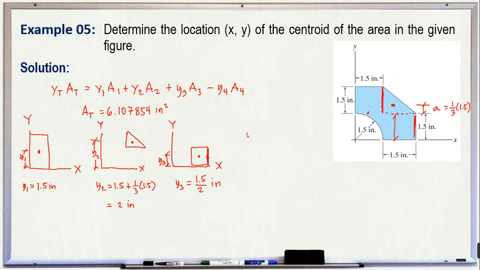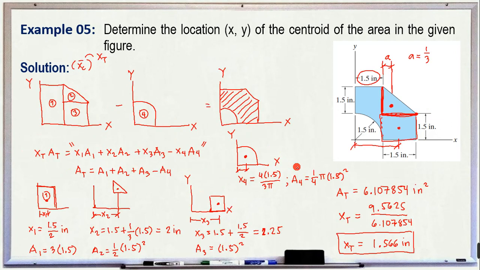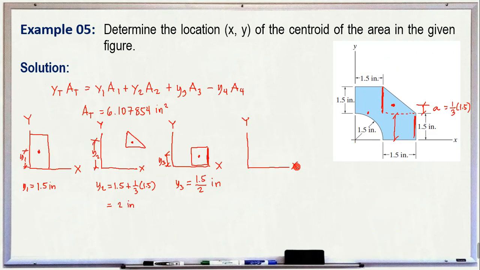What else? We have the last one. We have the quarter of a circle. Now for the quarter of a circle, its location is right here. So the centroid along x for a quarter of a circle and also along y, they are both the same.